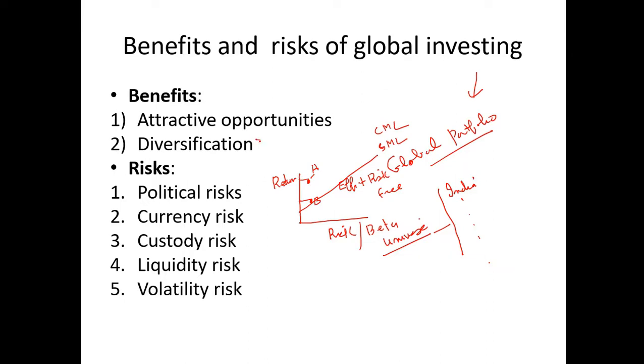Greater diversification opportunity means, as in the example I took, that maybe in the domestic market you are only getting the R1 return at this level of risk, while global investment may offer you the same level of risk with a higher return.